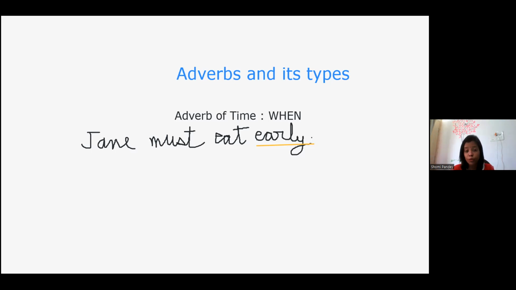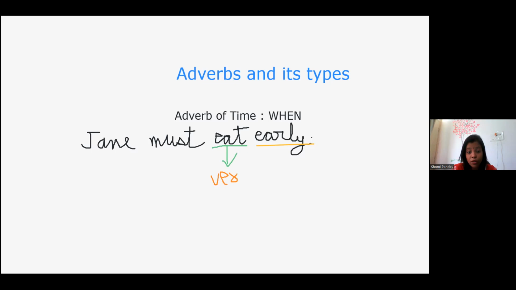So what is the verb here? Let me use another color so that it is visible to all of you, and let me draw an arrow.